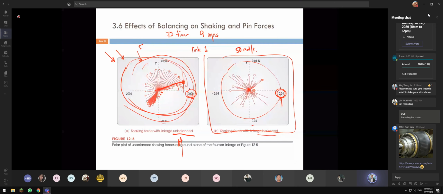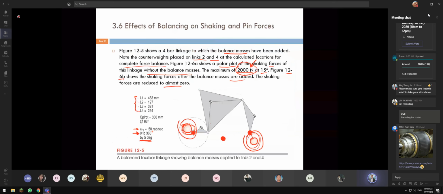But normally the ultimate target we want is to reduce the force at link 1. Right? We want to reduce this because this is what is being experienced. For example, you have this system mounted onto your floor. Normally the designer only cares about how much force acts on the O2 and O4, but the user cares much more about how much shaking force is actually exerted on the floor.